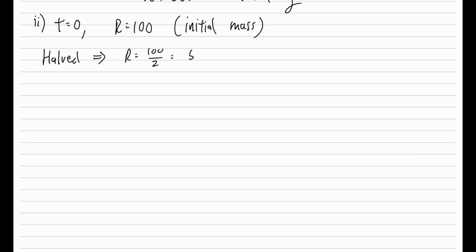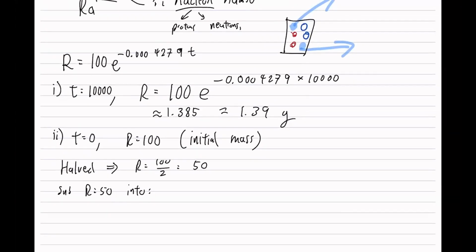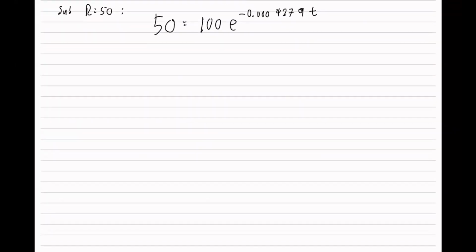Divide by 2, 50. So you sub R equals 50 into the formula, and you get 50 equals 100 e to the power of something. Then you solve for t.